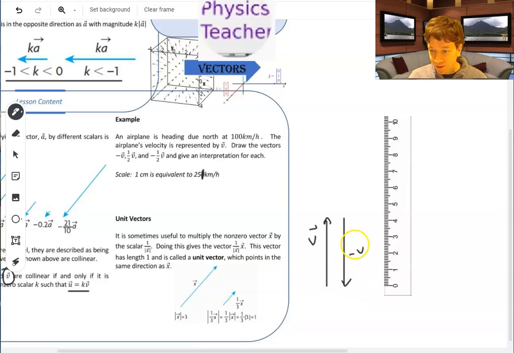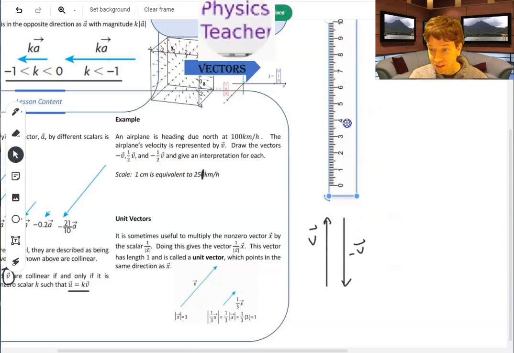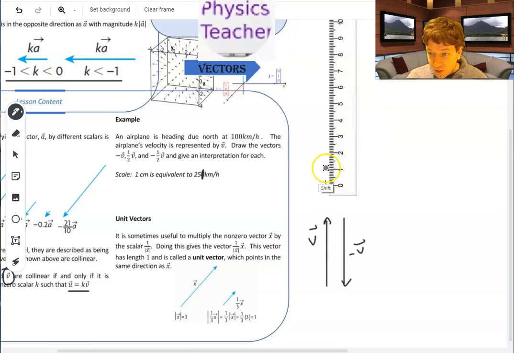So there's negative v. Then we have half v. Half v is going to be the same as v, just half the length, which in this case we should make 2 centimeters according to our scale, which would look like that. So there's 1/2 v. And similarly, negative 1/2 v is the same thing, but in the opposite direction, like this.